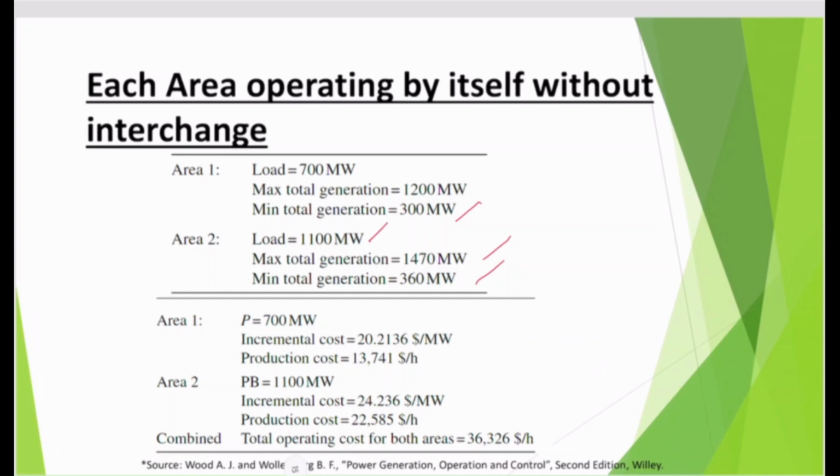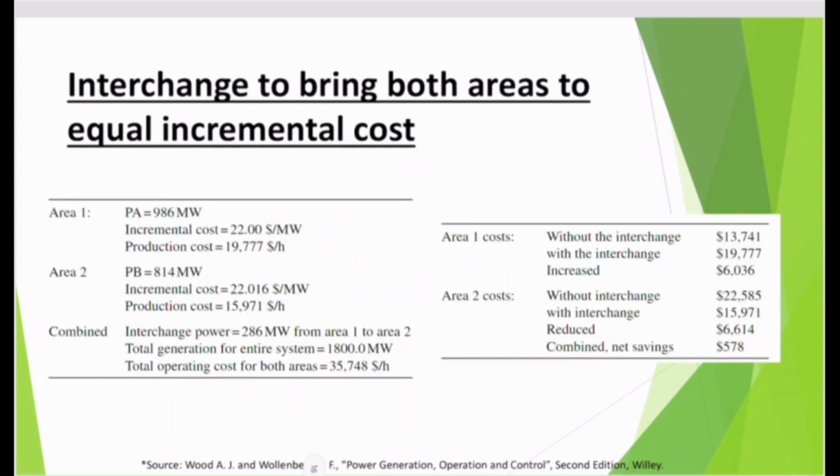For each area, you can carry out algorithms and obtain the incremental cost, and you can also calculate the production cost for each area. So for area number 1 and area number 2, these are two different economic dispatch problems, and you can get this cost. Now, if you operate them combined, the total operating cost is close to 36.326. What we want to highlight here is the kind of benefit that we can get because of the exchange of energy.